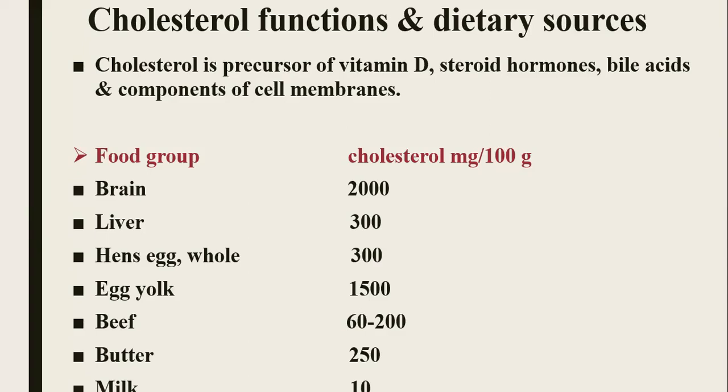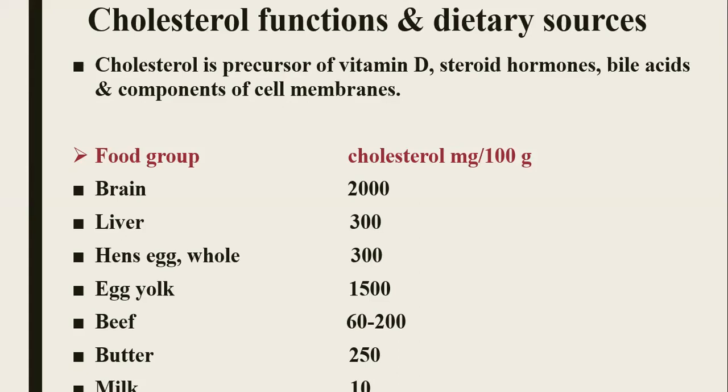And the richest sources of dietary cholesterol, if you see here, are the organ meats: brain, liver, and kidneys are the richest sources of cholesterol. Then the egg yolk is also a rich source of cholesterol.